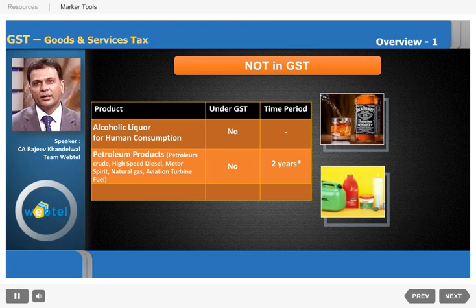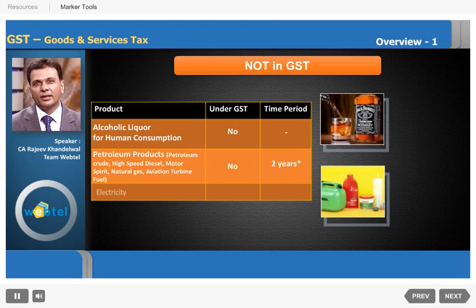Because they want input credit of the same, and petroleum products sometimes constitute a significant portion of the input cost, if not a very high portion. If it is out of GST, then one will not be able to take input credit of the same, and obviously it will become a cost to the ultimate consumer. That is why the industrial houses are requesting that even petroleum products should be brought under GST. But as of now, it is not under GST.